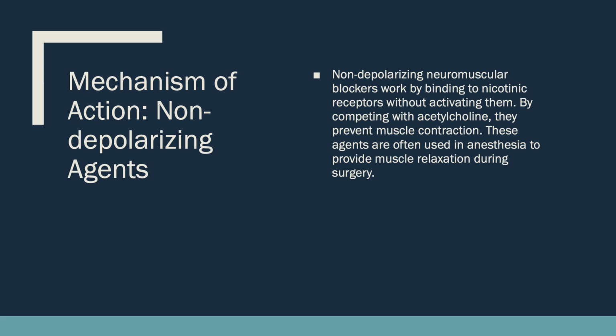So, non-depolarizers work by competitive antagonism. They're competitive antagonists. They bind to those receptors and don't activate them. This prevents acetylcholine from inducing muscle contraction, which leads to paralysis. Reversal can be achieved with acetylcholinesterase inhibitors.